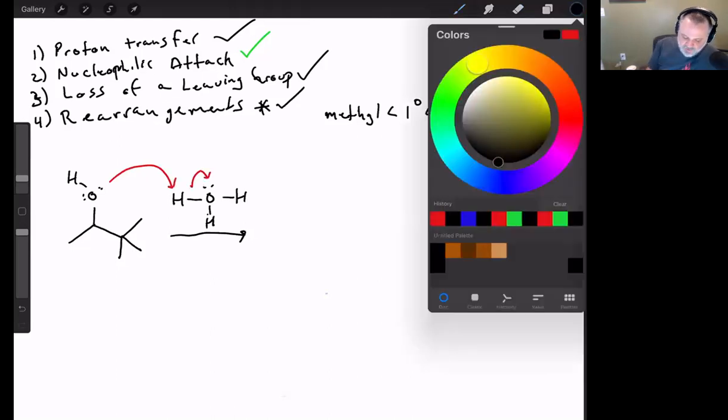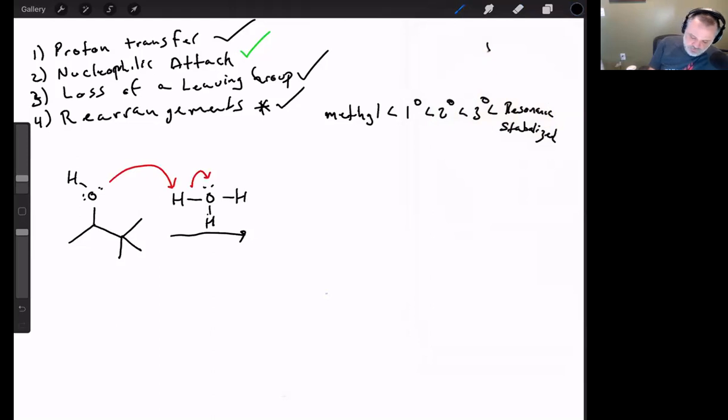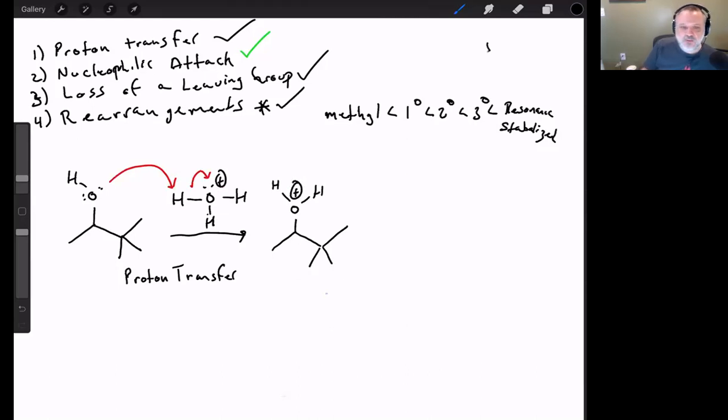Here's an example of a proton transfer. What would be the resulting structure from that proton transfer? There. Now what?